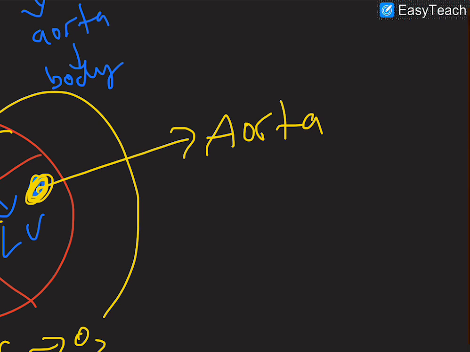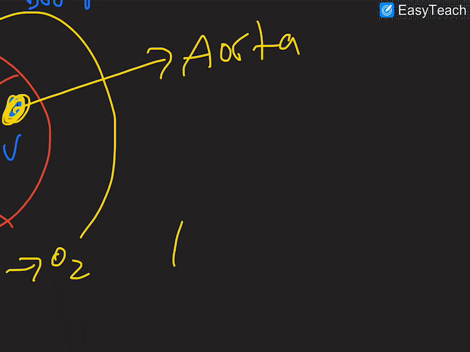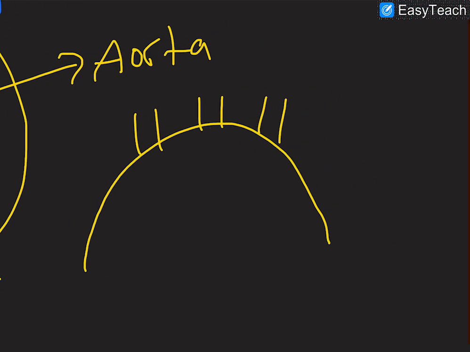And then if we just zoom in on the aorta here, we know we have our three branches. After our left subclavian branch, we have our PDA, our ductus arteriosus. Let's draw it in a different color right here. This is our pulmonary artery.